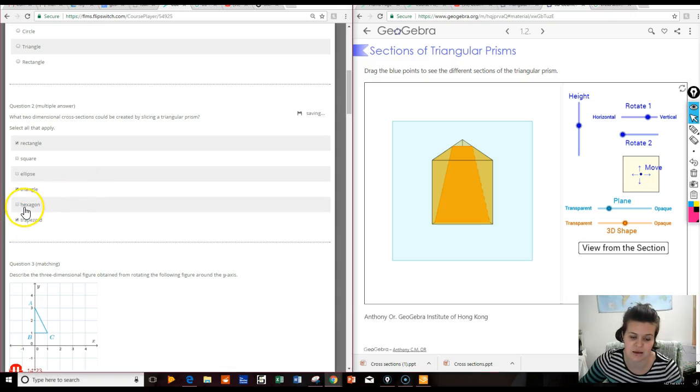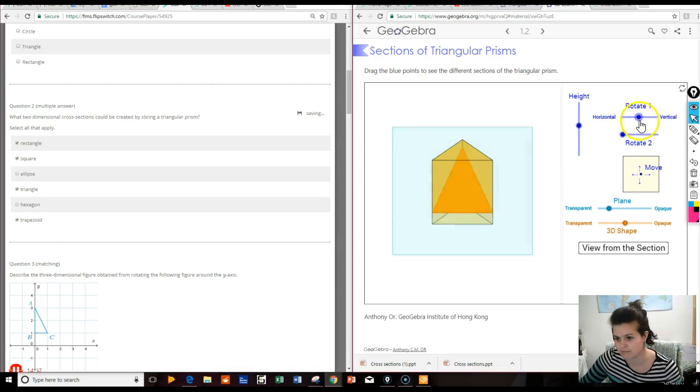A hexagon has 6 sides. Triangular prism only has 5 base surfaces, so I could not create a hexagon. I could create a square if the length right here on our base was the same as this length. So it could be possible.